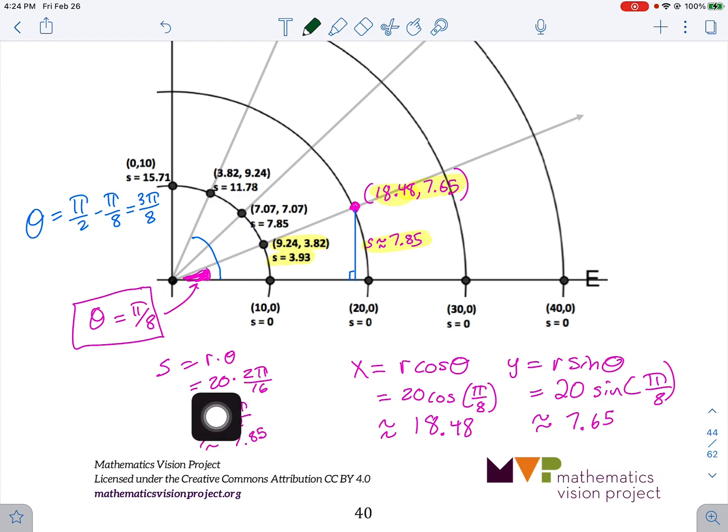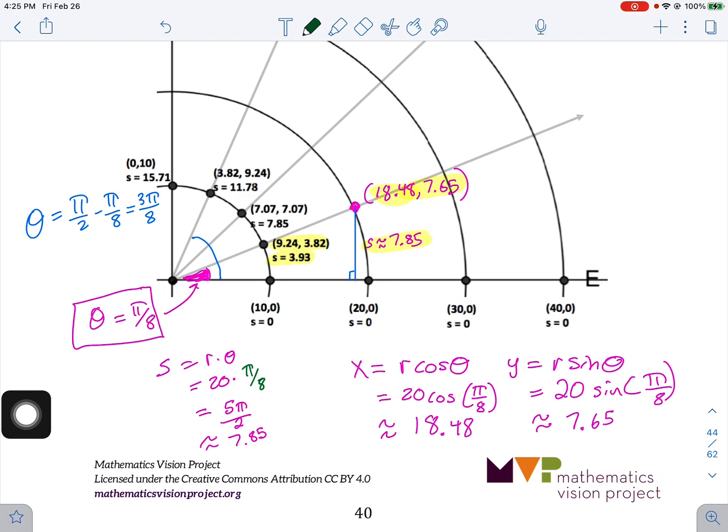We can do 20 as the radius, so I'm going to calculate this one right here, times theta, which is 2 pi but divided by 16, right? It's only 1/16 of the whole thing. It's 1/4 of 1/4. So 2 pi over 16 is really pi over 8. So that's going to be pi over 8 radians across.